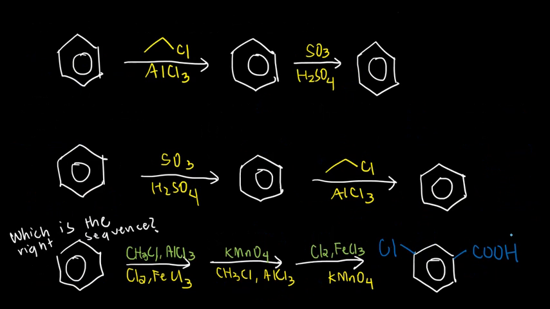Now, let's go back to the importance of knowing my meta directors and ortho-para directors. Look at these two. Here, I will try to show you what will happen if I try switching two exact same reactions. In both cases, I use this reagent, and I also use this reagent, but I just switch them up.